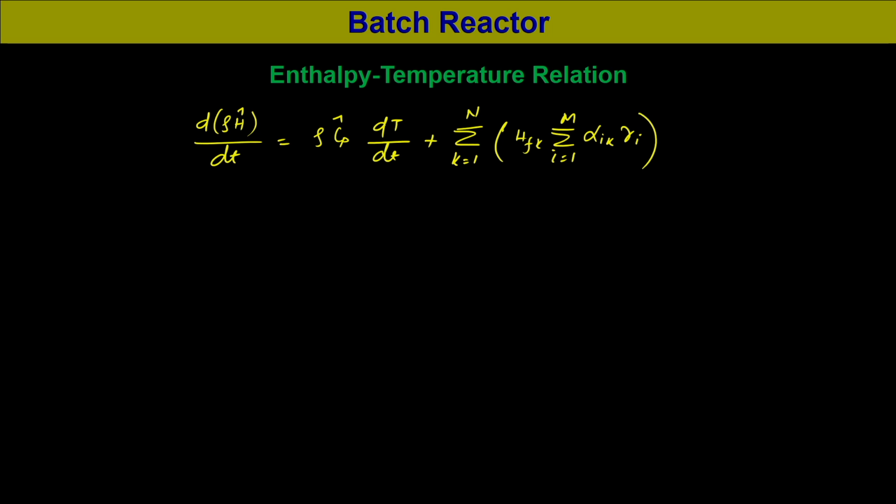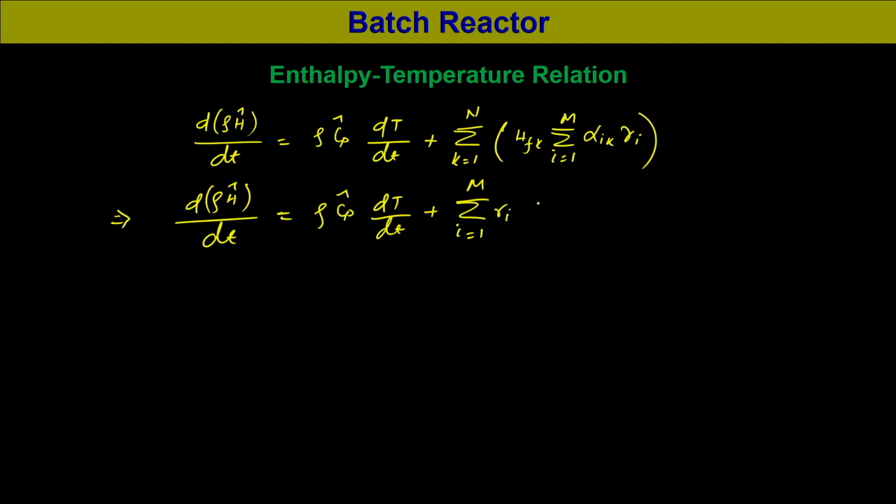Now, if we reverse the order of the summation, we can write from here d rho h cap by dt is equal to rho Cp cap d of temperature d of time plus summation over i is equal to 1 to m of r i into h f k alpha i k.